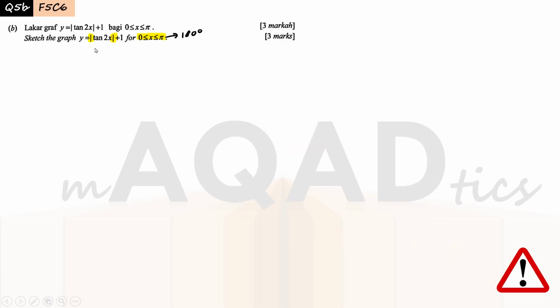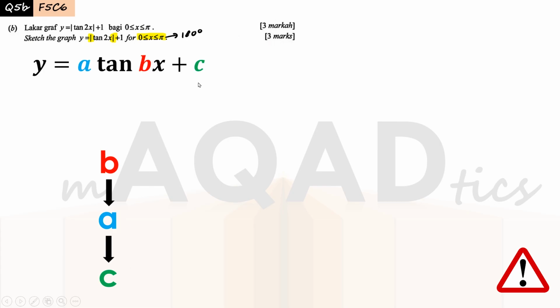So in general, to sketch a trigonometric graph, I would prefer to draw it starting from B, then A, and then C. And this BAC actually is from this equation. So let's understand what A, B, and C represent. B here represents the total number of cycles that we need to draw within 360 degrees.